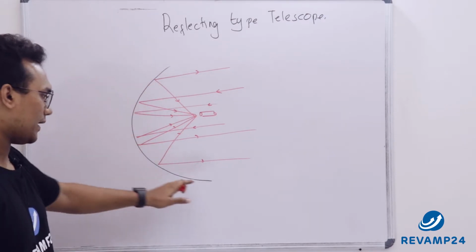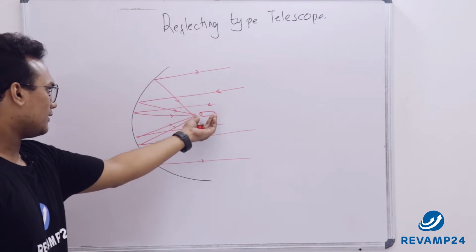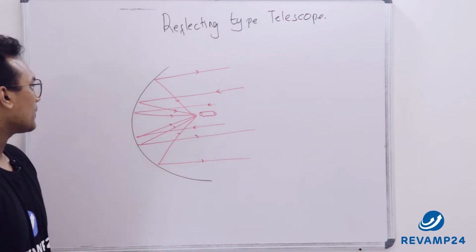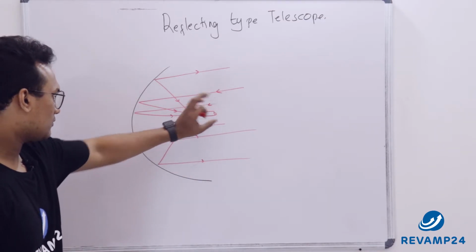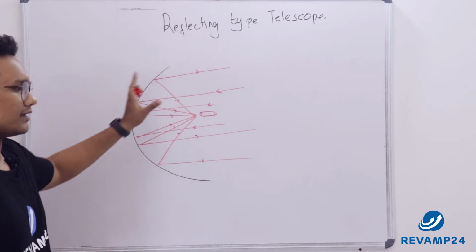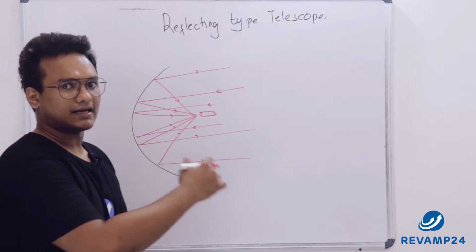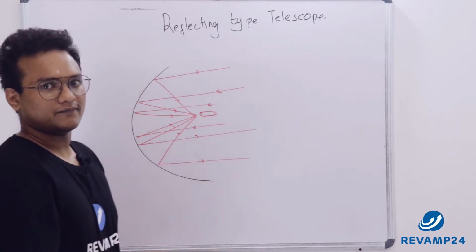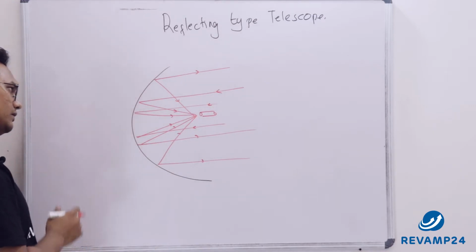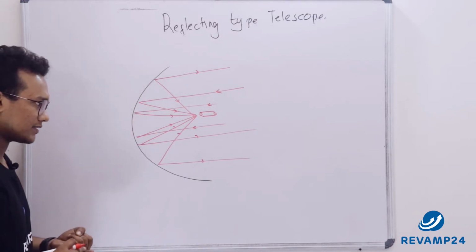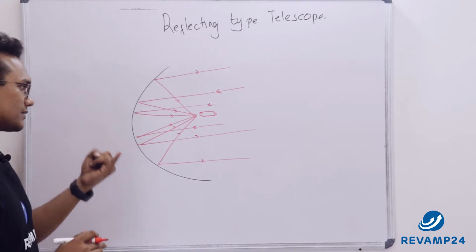So we have a parabolic reflector, and here we have kept our eyepiece, and looking through the eyepiece we can get the image exactly the way we did for the glass type telescope. And this doesn't have chromatic aberration because no refraction is occurring.